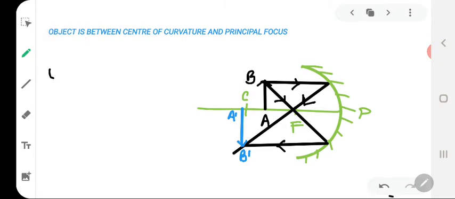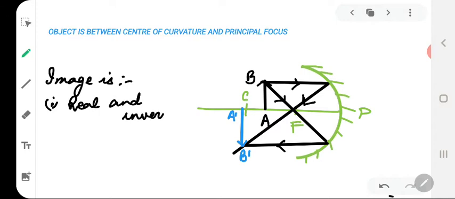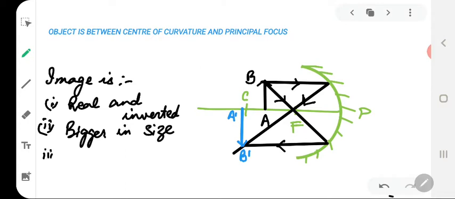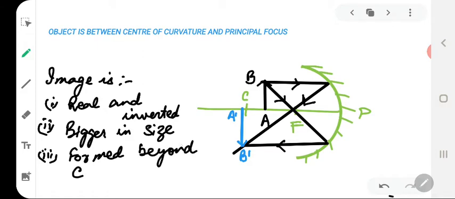So now we find that the image is real and inverted, bigger in size, and third, the position, it is formed beyond the center of curvature. So you might have noticed that as the object is coming closer to the mirror, the image is moving farther.